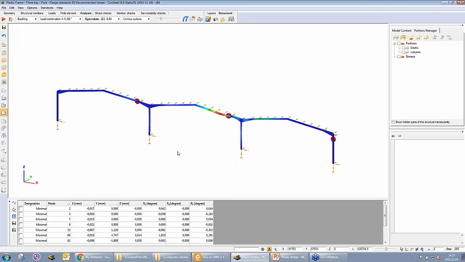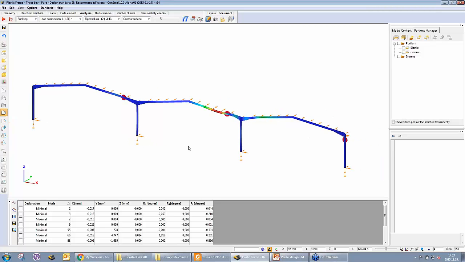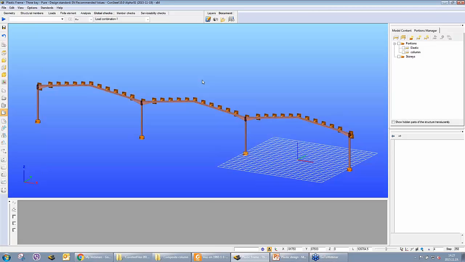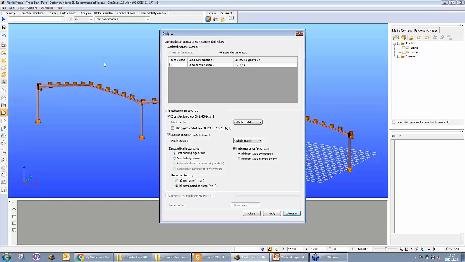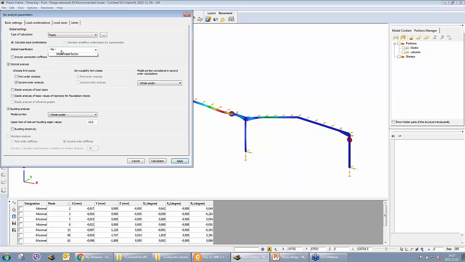So let me go on and show you the plastic design tools of ConSteel, which are, as I said, coming in the next version. So I go to the global check again, and first of all I would like to run again the analysis, but including initial sway, because just take this design method as a complete.